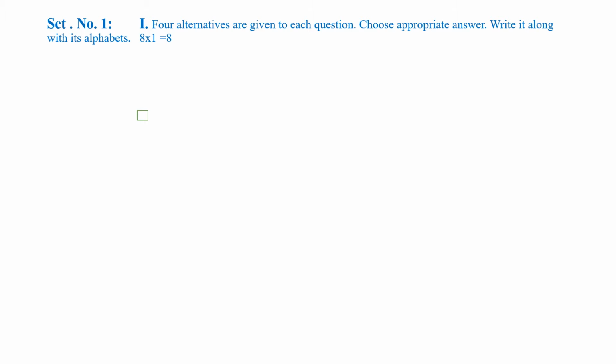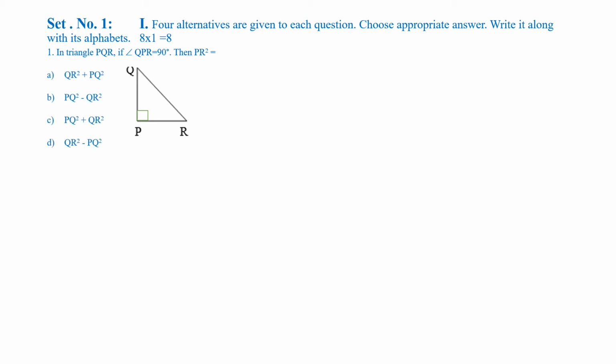Let us study it. Question number 1. It reads, in triangle PQR, if angle QPR equals 90, then PR square is equal to, 4 options. Option A, QR square plus PQ square.